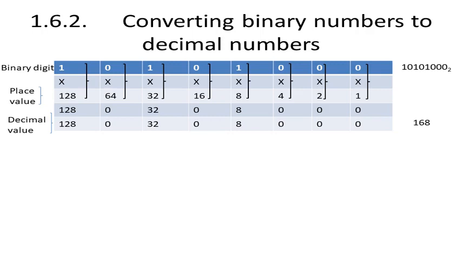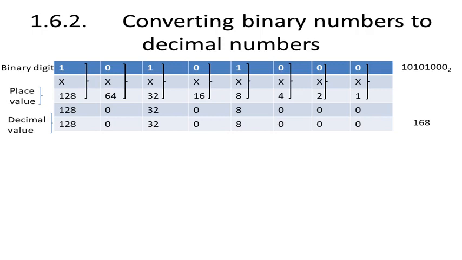The second place is 2 to the power 1, place value is 2. 2 to the power 2, place value is 4. 2 to the power 3, place value is 8. 2 to the power 4, place value is 16. 2 to the power 5, place value is 32. 2 to the power 6, place value is 64. 2 to the power 7, place value is 128.